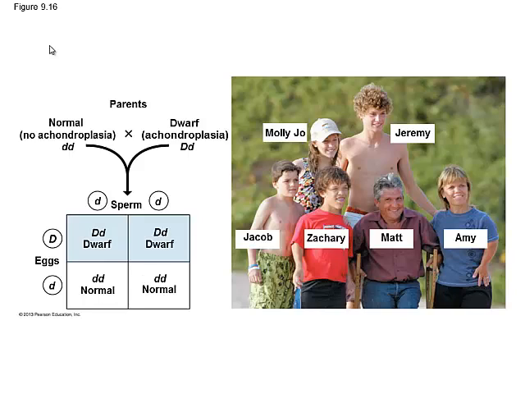So the parents are here, Matt and Amy. Three of their kids are normal stature. One of their children has the dwarfism gene. So that doesn't follow the rules at all, right?